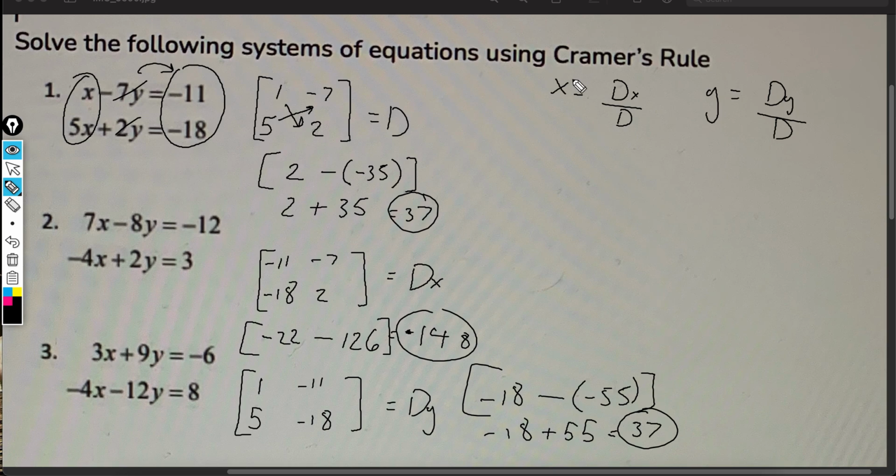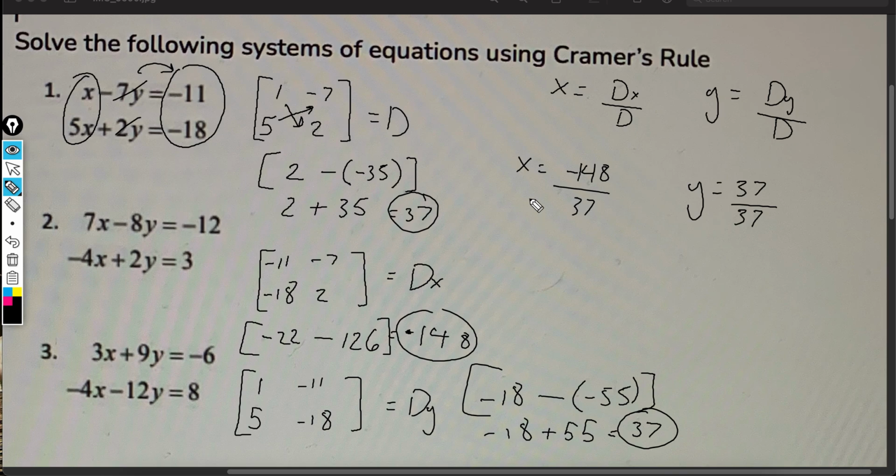So now we're going to plug it all in. So our x is going to equal, what's our d of x? D of x is -148 over, what's our d? Which is 37. Our y is d of y, which we just solved for, right? D of y is 37 over, what's our d initially? 37.